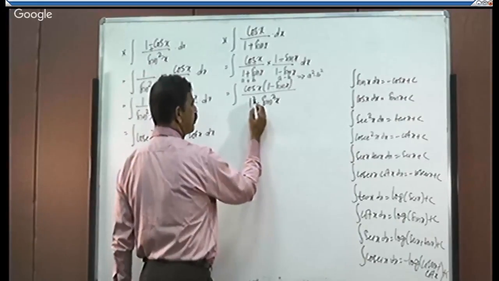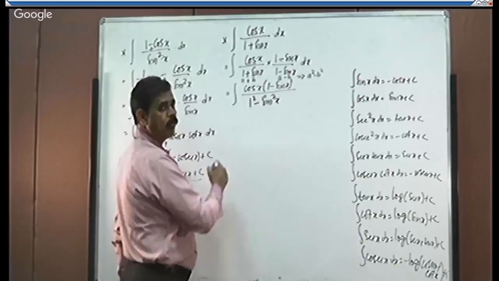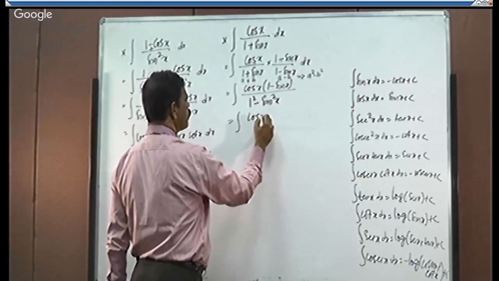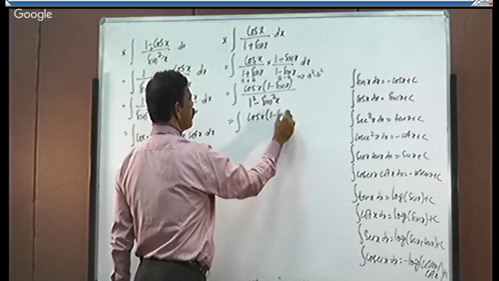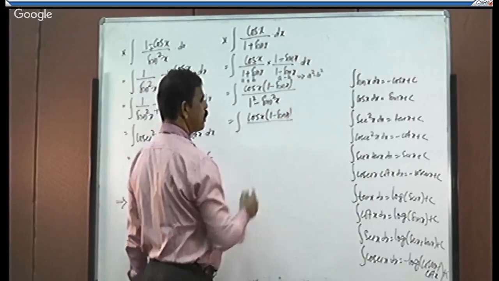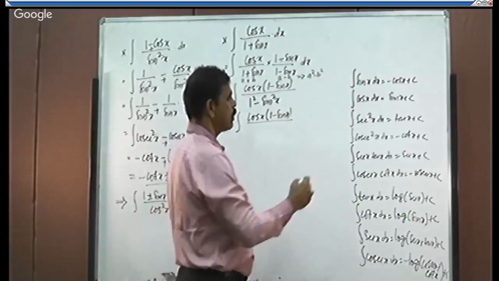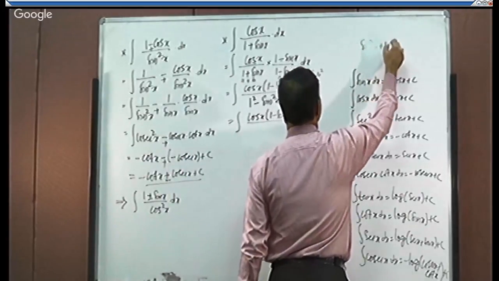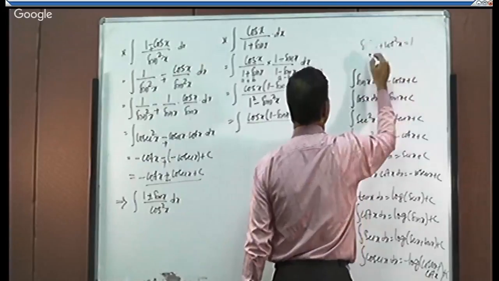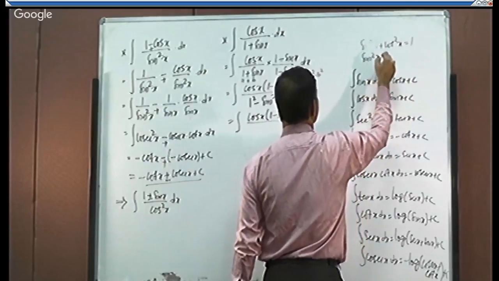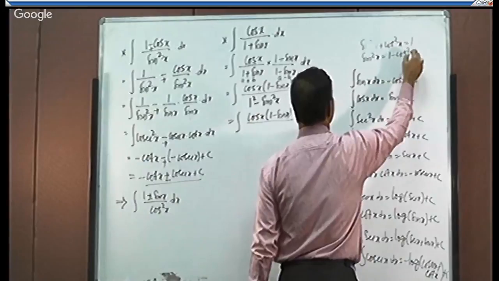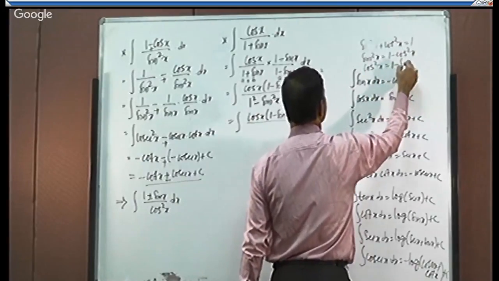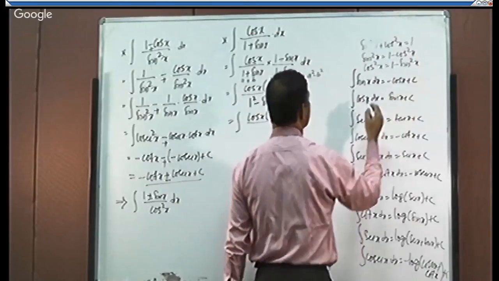As we know, 1 square is equal to 1 only. 1 minus sin square x, what is it, according to the identity? Sin square x plus cos square x is equal to 1, or sin square x is equal to 1 minus cos square x, or cos square x is equal to 1 minus sin square x.